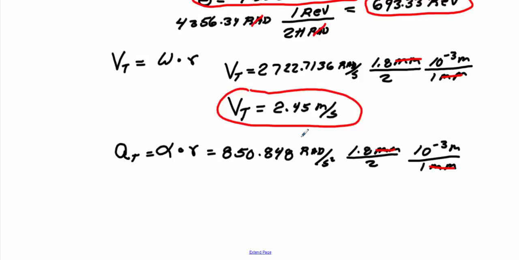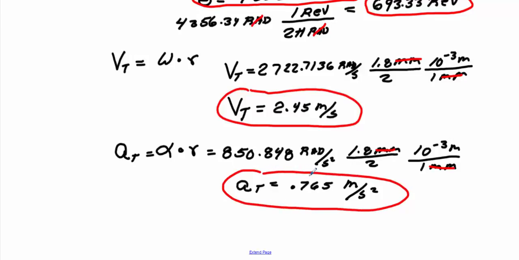And let's see what kind of value that's going to give us. Sorry, that one I left out of the calculator. That's going to give us a value of 0.765. Again, the units are going to be meters per second squared. And that would be our tangential acceleration.